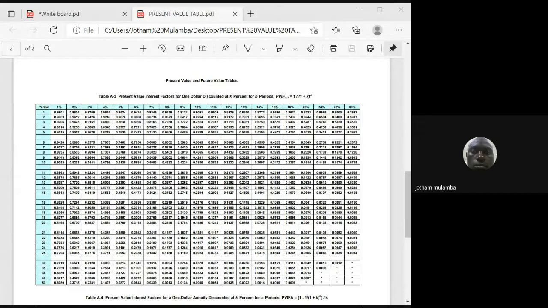But if our return is higher, for example, if you are going to borrow at 12%, then you can take that loan, because the return you get from the project will be adequate to pay the cost of your capital and also provide some few shillings to take care of the administrative costs. So that's how we use the internal rate of return.